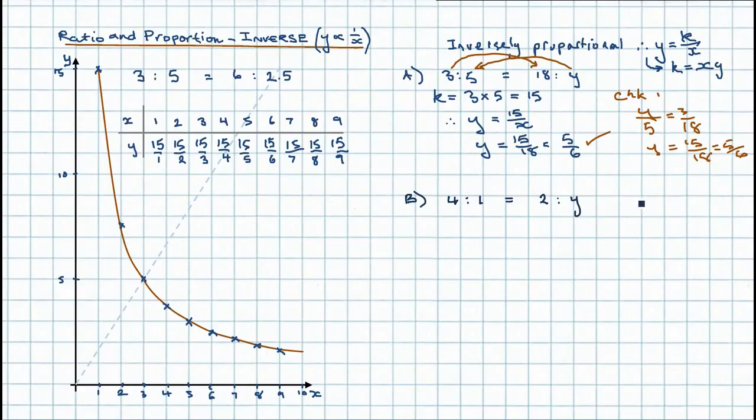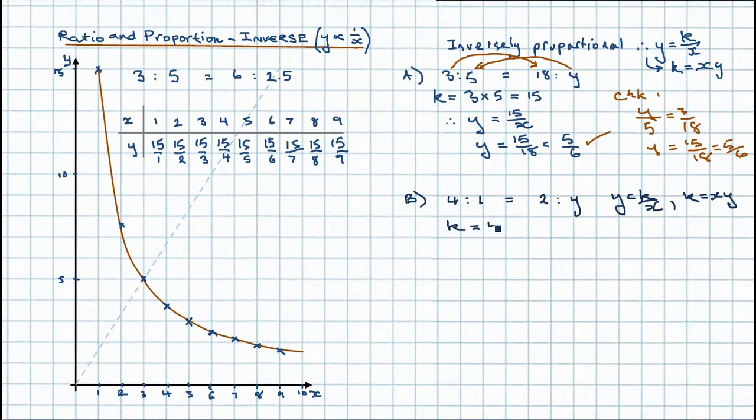Well, again, we've got this idea of y equals k over x, and we can rearrange that to get k equals xy. So now k equals what? 4 times 1.